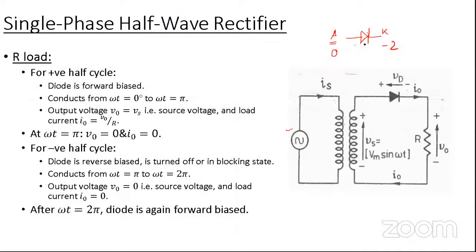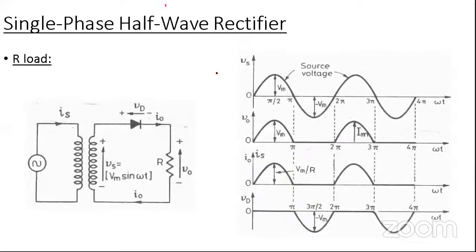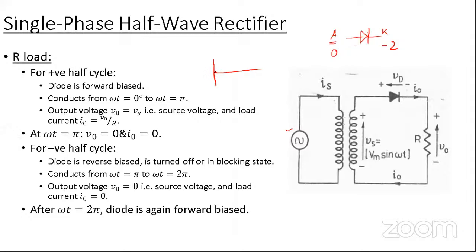Okay. So for the positive half cycle, you know that the alternating wave is basically like this. In the positive half, the anode is basically positive with respect to the cathode.